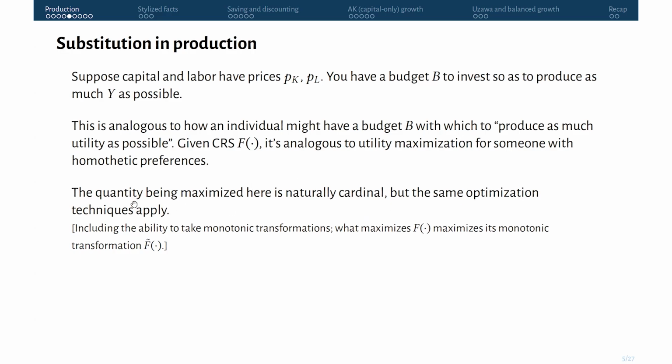But the same optimization techniques are going to apply. It's still going to be the case that when solving for the optimal allocation of a firm's budget, you can take a monotonic transformation of the production function, because whatever maximizes some function will also maximize a monotonic transformation of it.